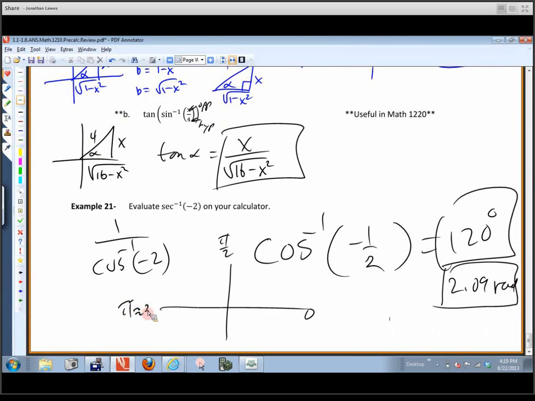Pi would be about 3.14, and pi halves is actually 1.57. So if you think about where 120 degrees is, it's right here. And if this is 0, this is 1.57 and this is 3.14, this has got to be about where 2.09 radians would be.